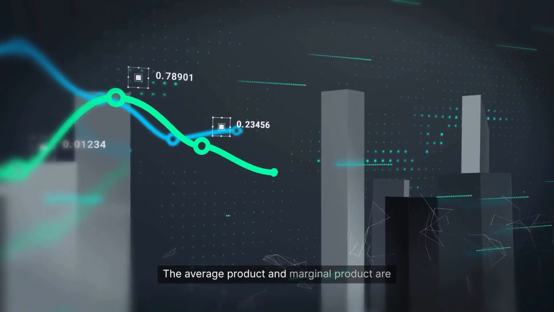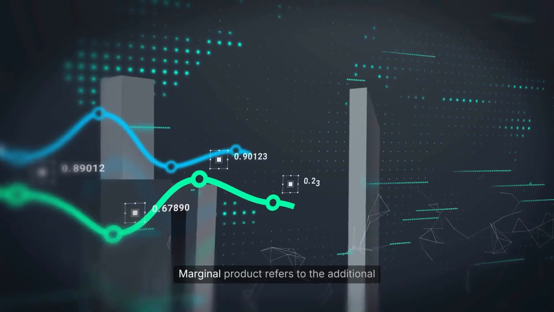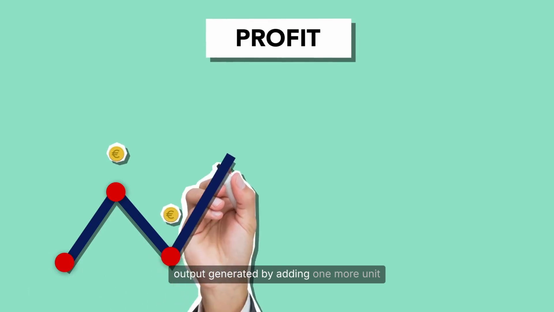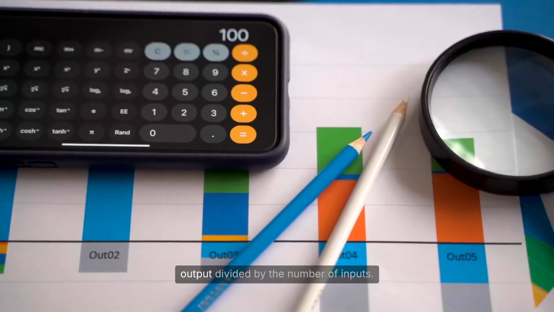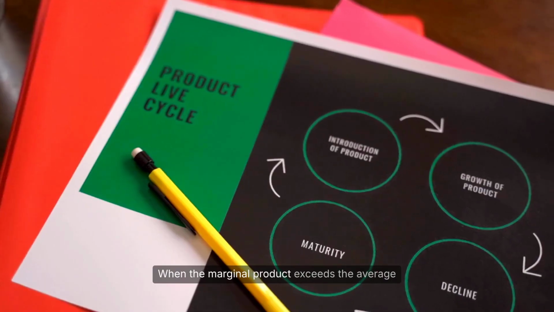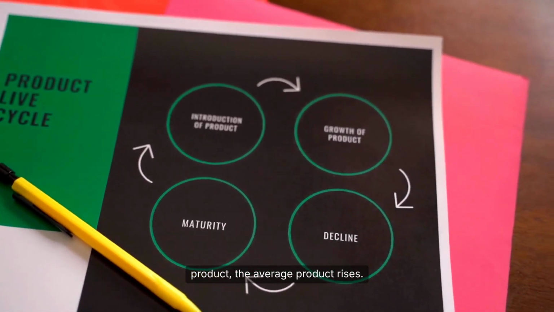The average product and marginal product are closely linked concepts in production analysis. Marginal product refers to the additional output generated by adding one more unit of input, while average product is the total output divided by the number of inputs. When the marginal product exceeds the average product, the average product rises.